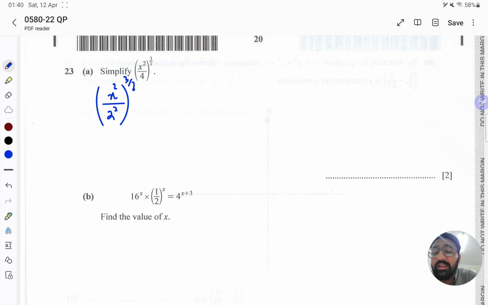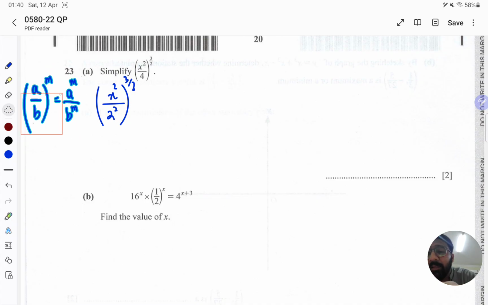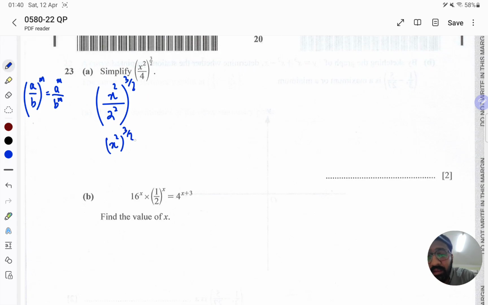Now there is a law of indices, and what is the law of indices? Let me write down that law over here: a divided by b whole power m will be equal to a power m over b power m. This is the law of indices that we are going to apply here at the first step. So it's going to become x square whole power 3 by 2 divided by 2 power 2 whole power 3 by 2.